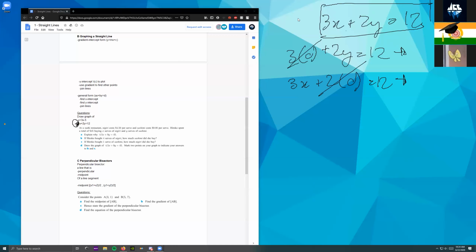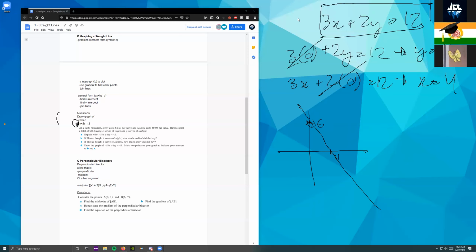You can find that y equals 6 for this one, x equals 4. So if x is 0, y equals 6, and if y is 0, x equals 4. Then you just pull up a straight line. It's just as easy as that.